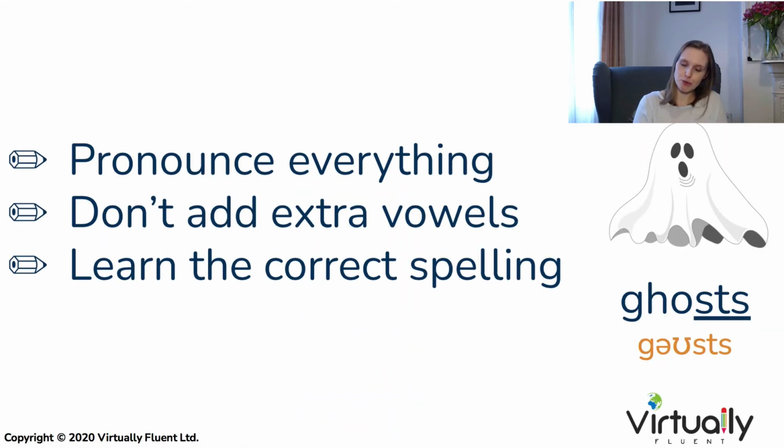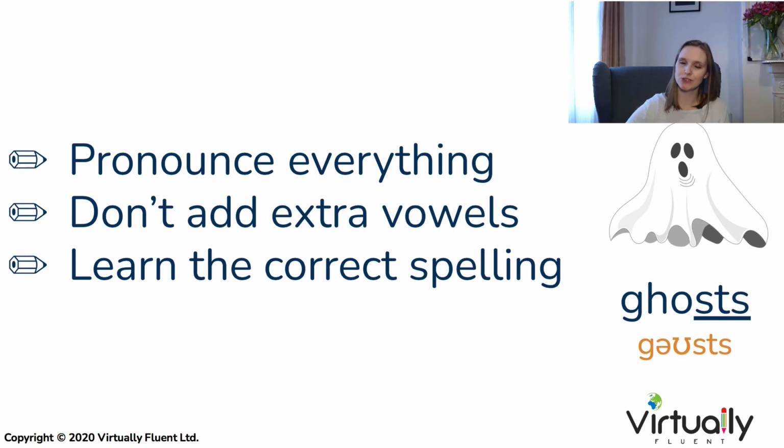So you find a word, you can see the consonants all written down. How exactly do we go about it? So let's continue with this last example of ghosts. Now, the first thing is to break it down and practice saying every single consonant individually. Go s, t, s. Okay, I can say all of them individually.